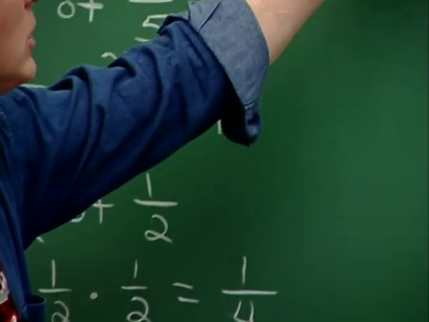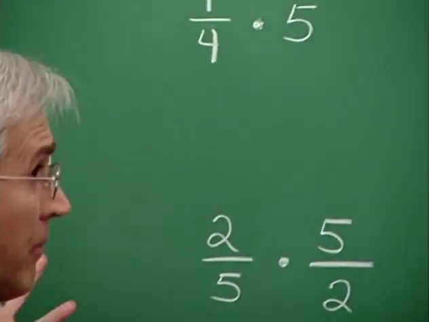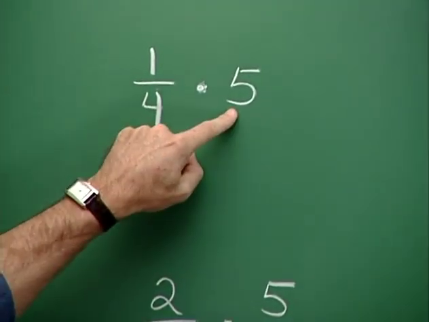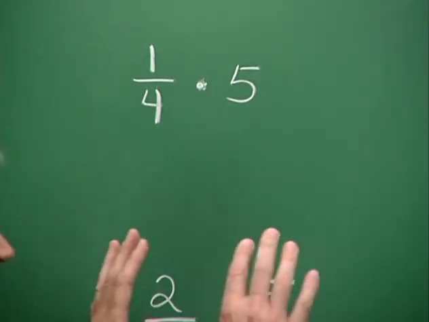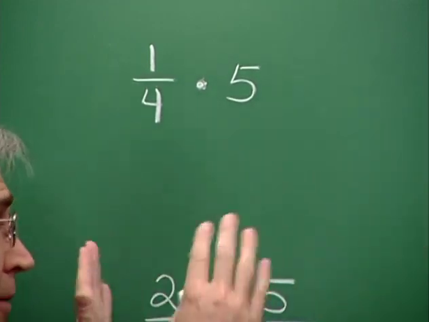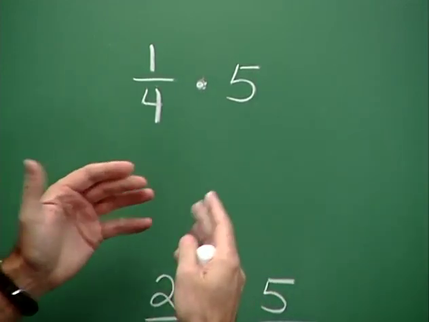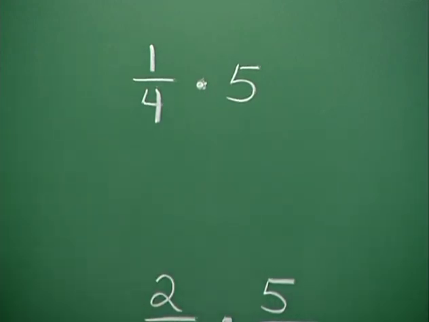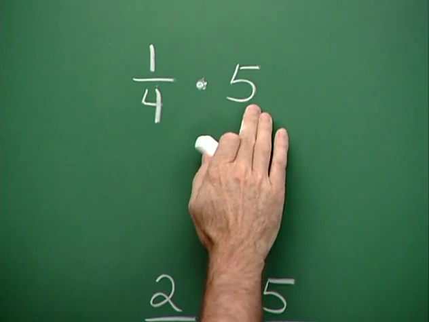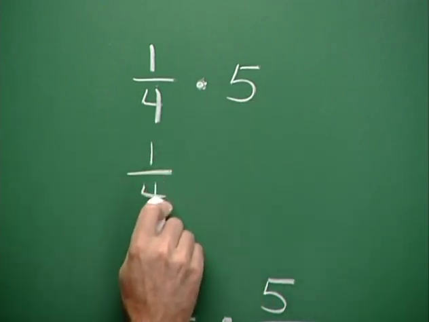Consider this problem. We're multiplying a common fraction, a proper fraction like 1/4, times a whole number 5. And to accomplish that and to get the idea of numerators times numerators, denominators times denominators, we need to write this as a fraction. We'll write it as an improper fraction, and it's written as 5/1. So we just change this to this form.